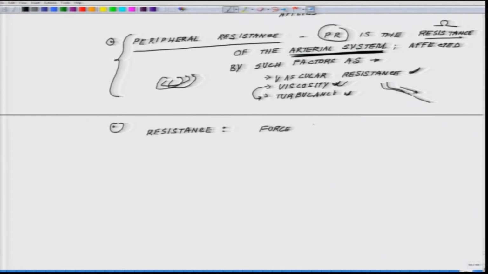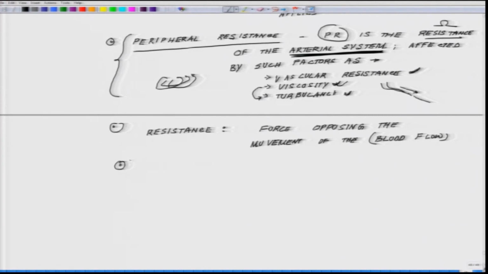Force opposing the movement of the blood flow. Okay. This is your basic resistance.